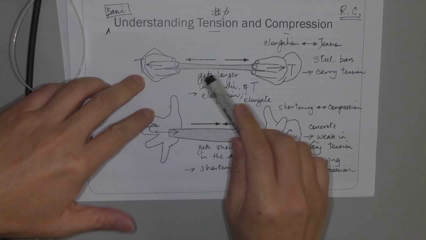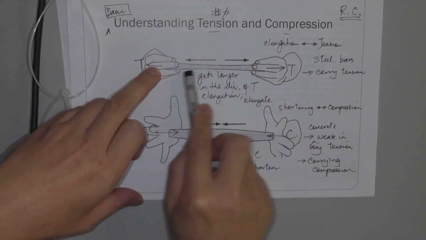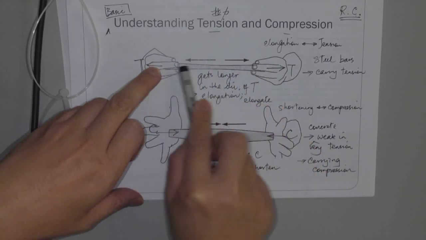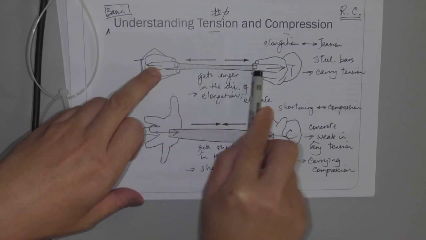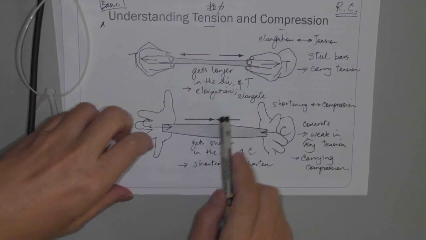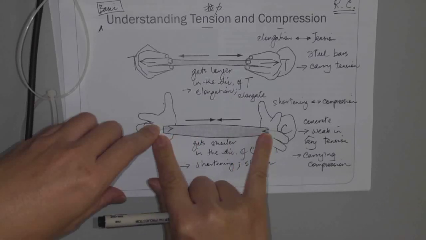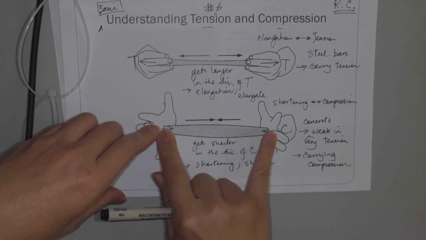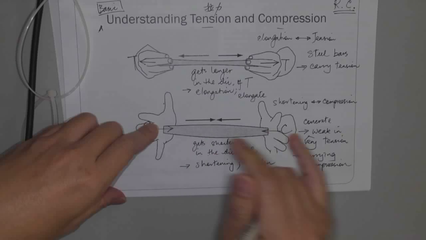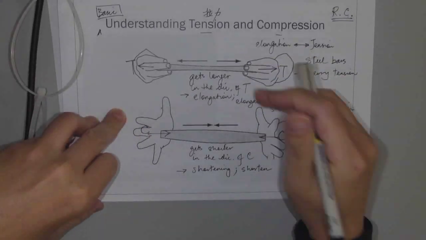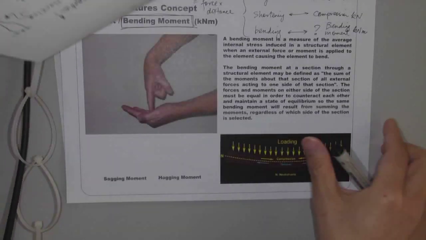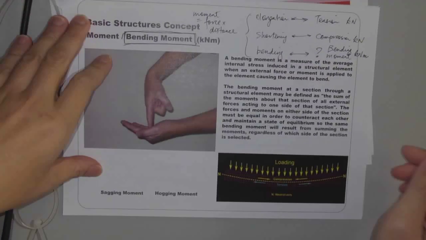Whenever a material elongates along a certain direction, that is due to tension. Similarly, for a certain piece of material that shortens along a certain direction, that is due to compression. Those are the very basic things that we covered last week, and then we talked about bending.